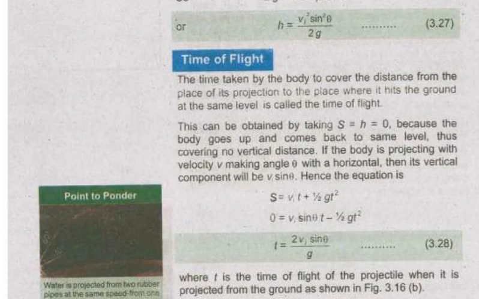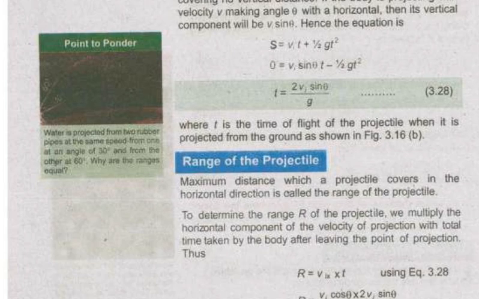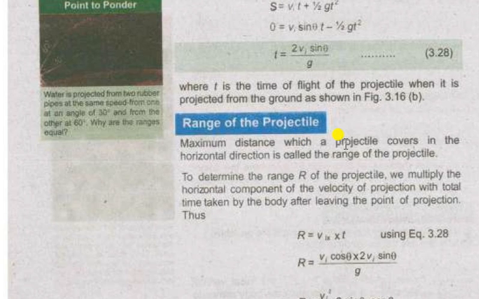The time of flight can be defined as the time taken by the body to cover the distance from the place of projection to the range of the projectile. The maximum distance which a projectile covers in the horizontal direction is called the range of the projectile. So this is the definition of the range of the projectile.